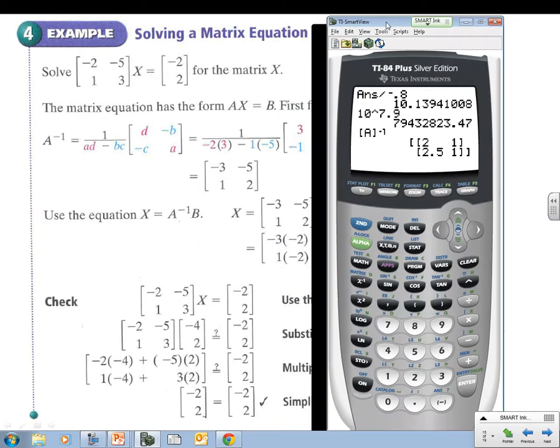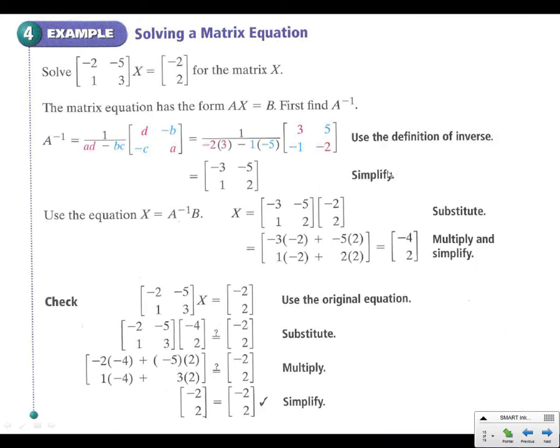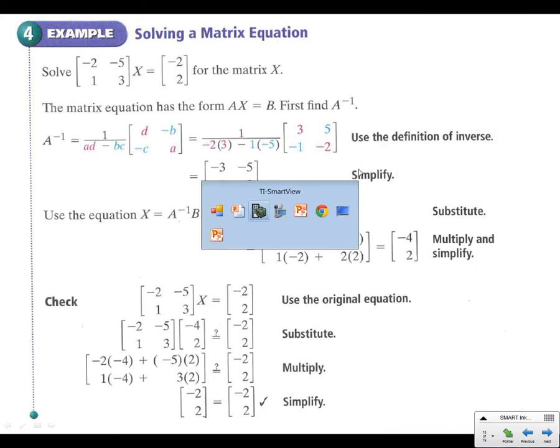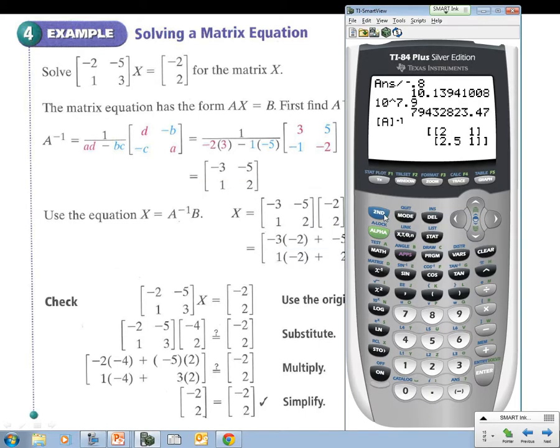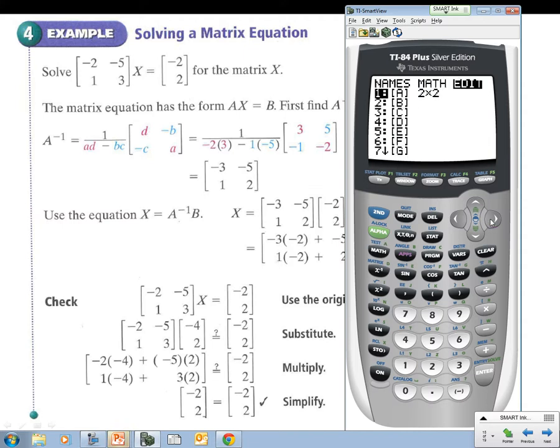So let me bring up the calculator, and we'll go into the, come back. Where are you, calculator? There you are. Let's go into our matrix and go over to edit. And we've got a 2 by 2 and negative 2. Let me edit this one so we're doing the right one.